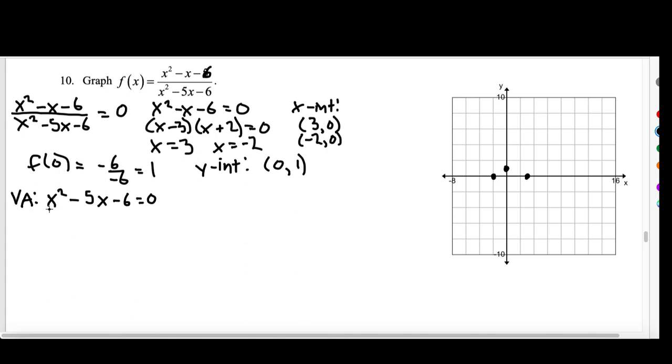And this can factor as x minus 6 times x plus 1, and that's equal to 0. And so the values of x that make this 0 are x equals 6 and x equals -1. Those are the vertical asymptotes, and I can plot those over here. -1 is about here. I'll put that in as a dashed line.